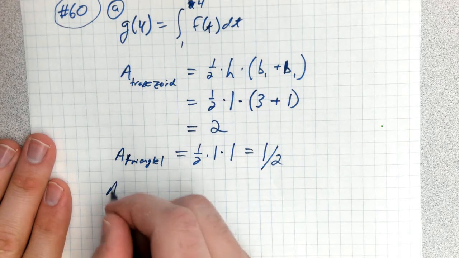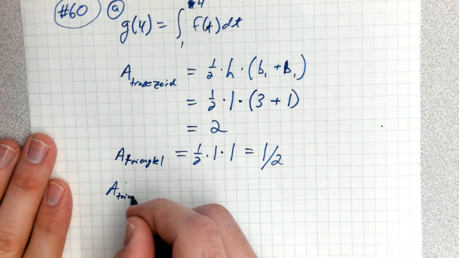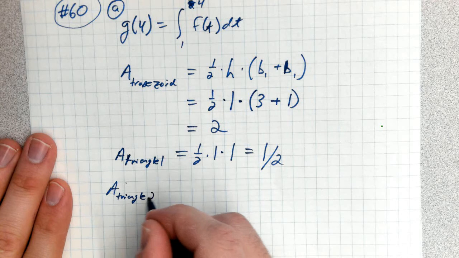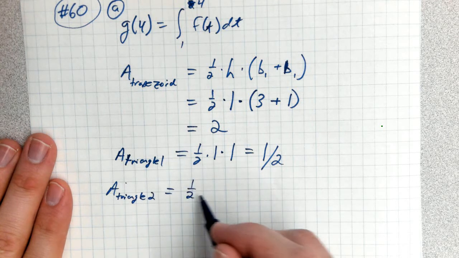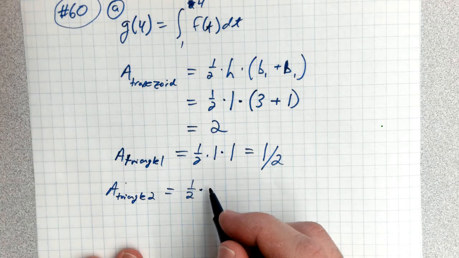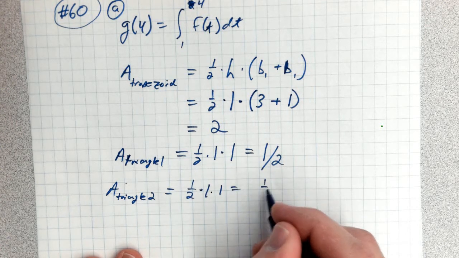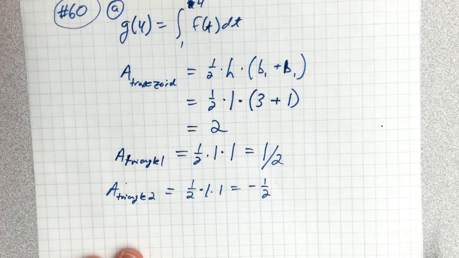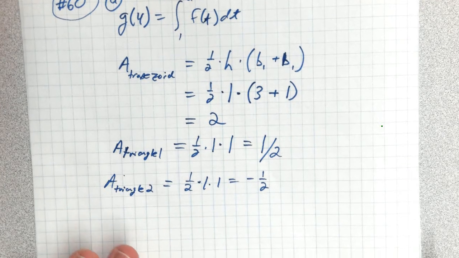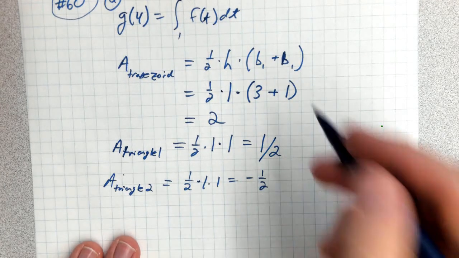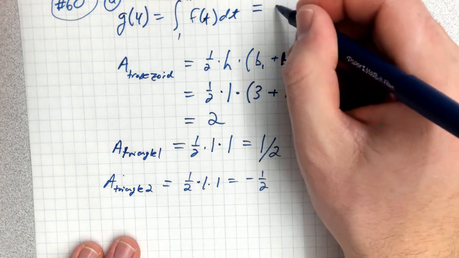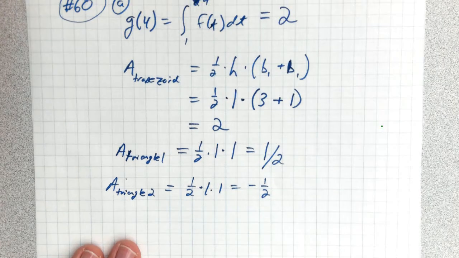And then the area of triangle number 2 is going to be 1/2 the base times the height, which I think is the same triangle. So 1 times 1, that equals 1/2. But remember that it's negative because it's below the x-axis. So when you sum these areas, you should get that g of 4 is equal to 2. Questions there?